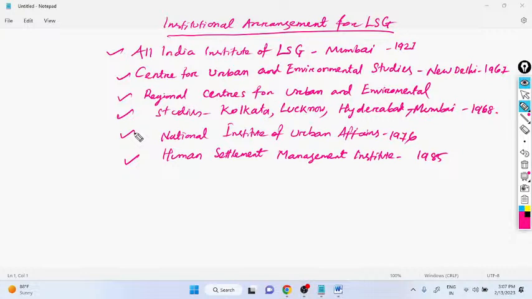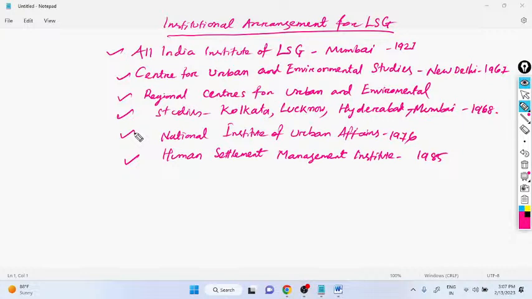They are working towards the development of urban areas and proper planning. National Institute of Urban Affairs is located in New Delhi, that I have not mentioned.